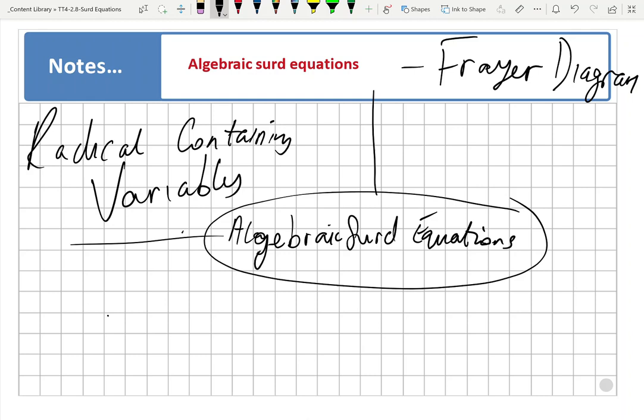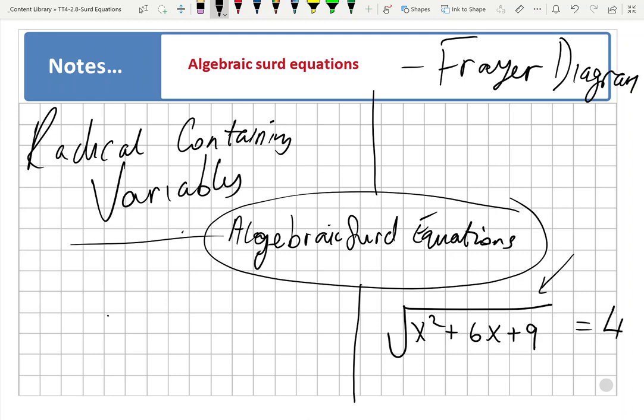Any radical equation containing variables is an algebraic surrogate equation. Here's a non-example. That's a non-example because this is a perfect square, so this is equivalent to x plus 3.